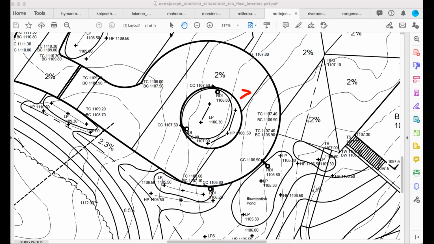Your 106 is over here. Be sure to label all the contours as well for the retention. Yeah, that does work.